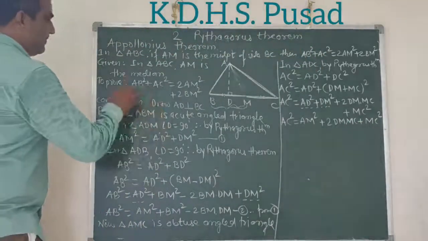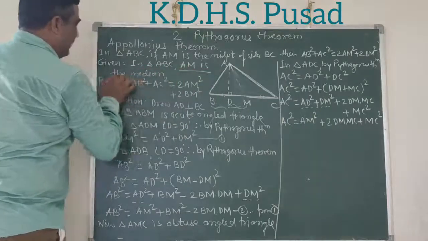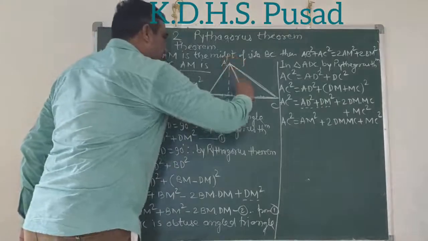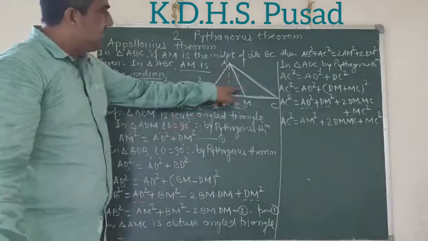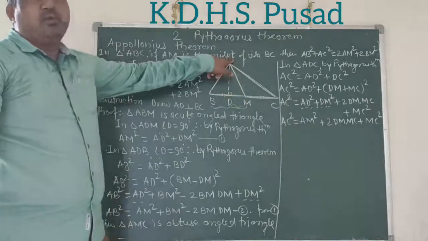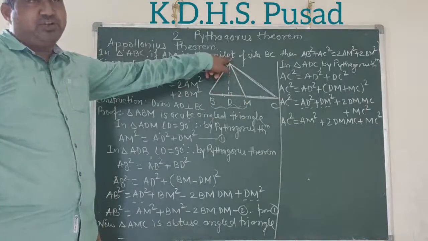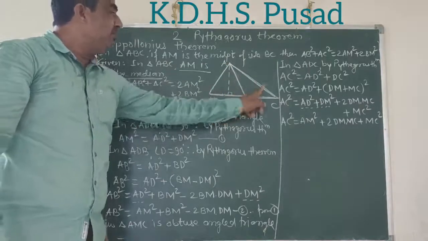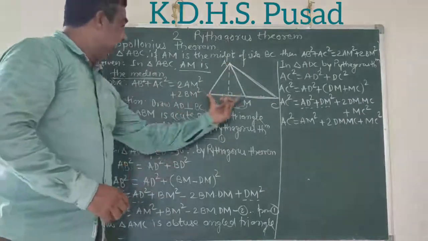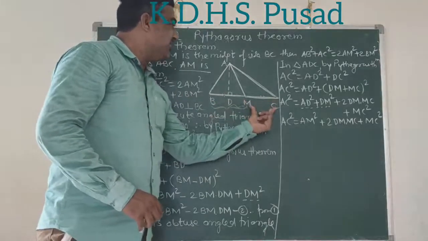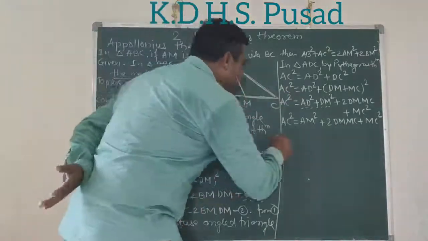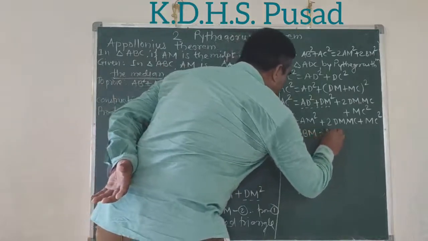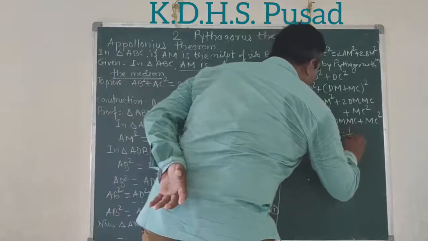Now check this portion. AM is the median. What is the function of a median? It is a segment joining the vertex to the midpoint of the opposite side. So AM is the median of BC, and BM and MC are equal: BM equal to MC equal to half of BC.